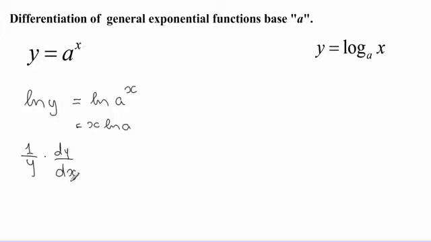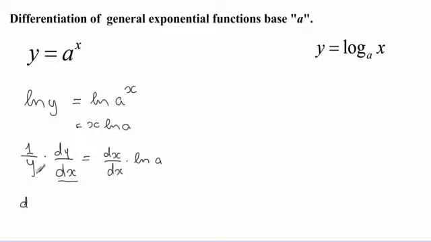So dy dx, and that's actually the derivative we're looking for, equals the derivative of x with respect to x, because x is the argument of my function there, multiplied by ln a.